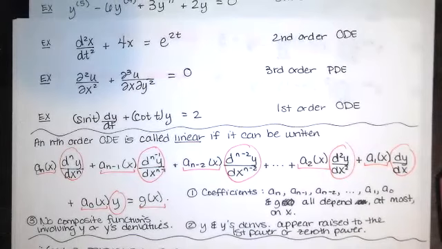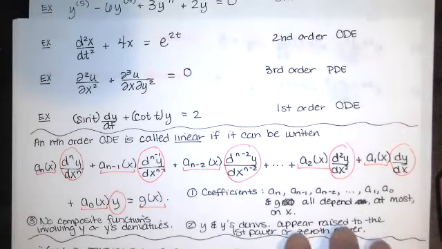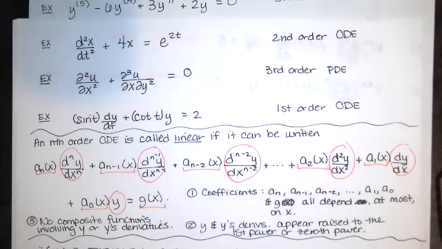A partial differential equation will be linear if the coefficient functions depend at most on the independent variables. So our independent variables are usually x and y, or maybe x and t. And then the dependent variable and the dependent variable's derivatives can only appear to the first power or the 0th power. So they just appear by themselves, multiplied by some coefficient function, or they don't appear at all.